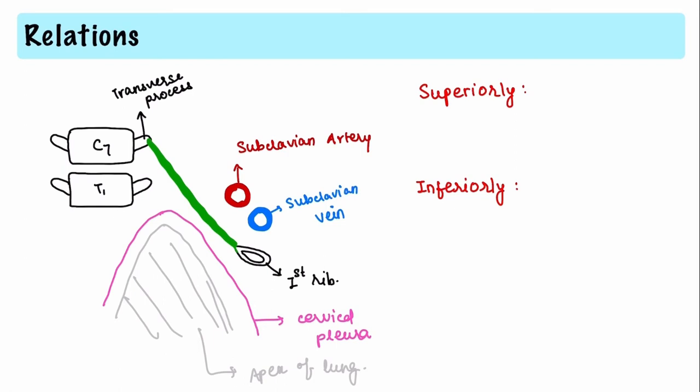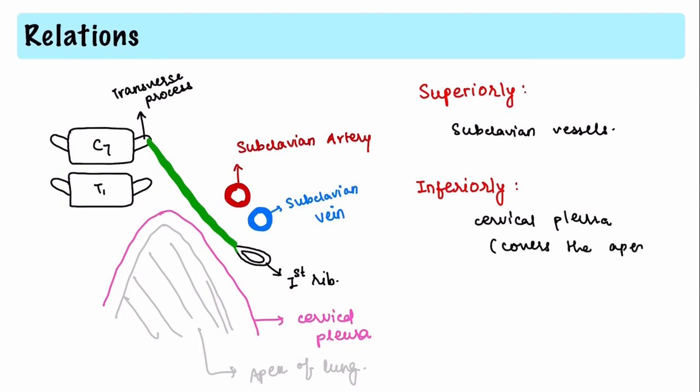So, the superior relations are subclavian vessels. And inferior relations are cervical pleura, which covers the apex of the lung. So, this is all about the relations of the Sibson's fascia.